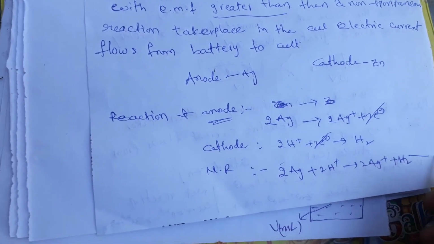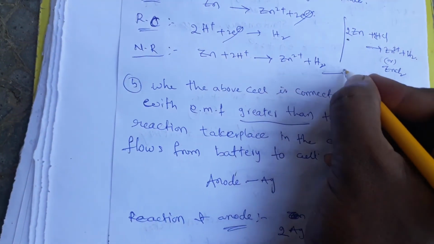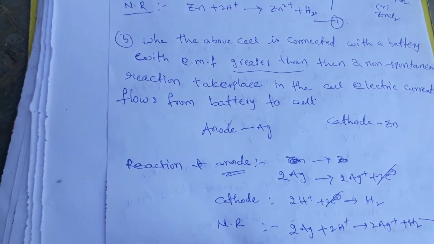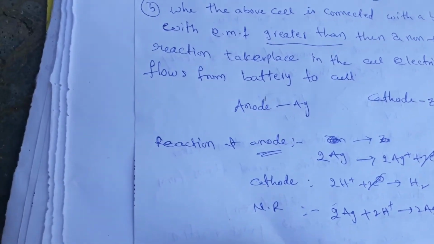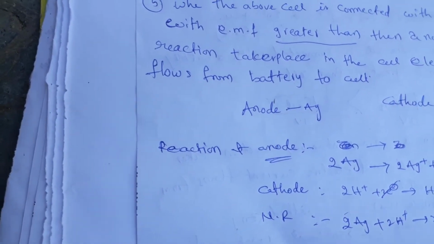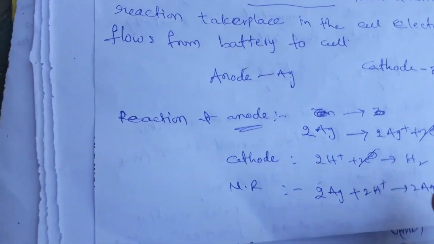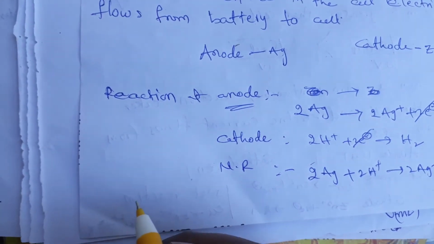So this reaction is 2 and here it is 1. So these both reactions are not equal to each other, so this is an irreversible reaction.